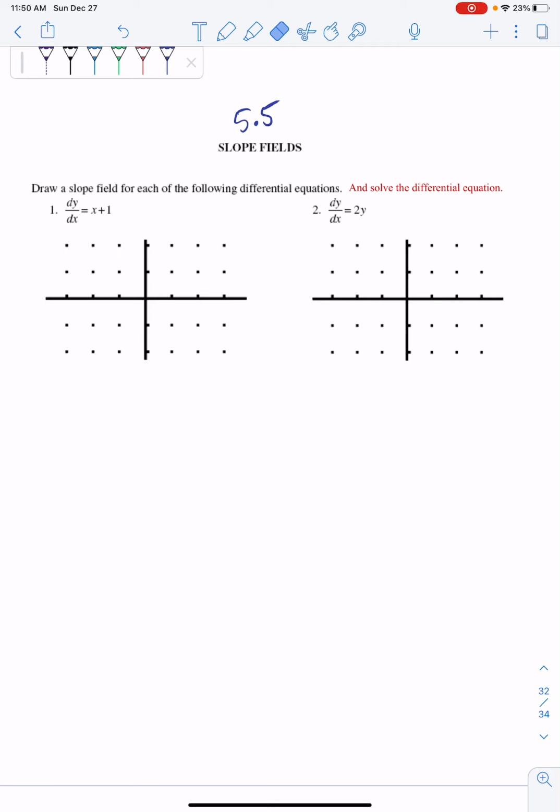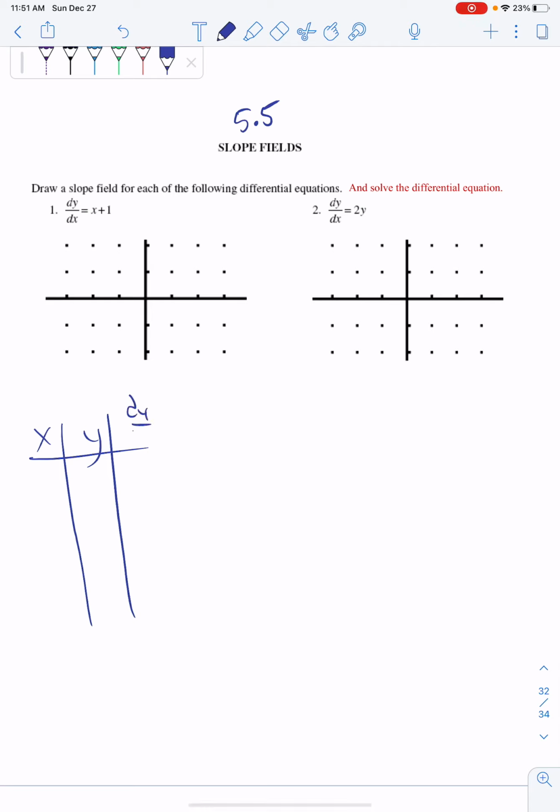So I'm going to plug numbers in for x and y and get values for my slope. I'm going to make a little table right here with x's and y's, and at those points, I want to know what my slope is, okay?